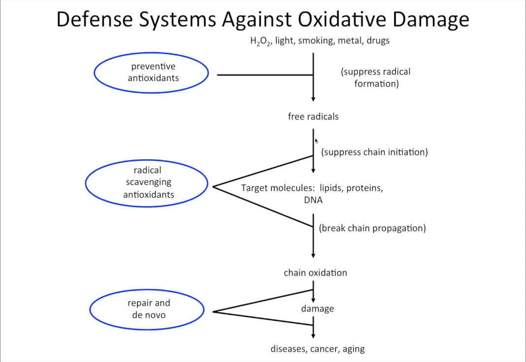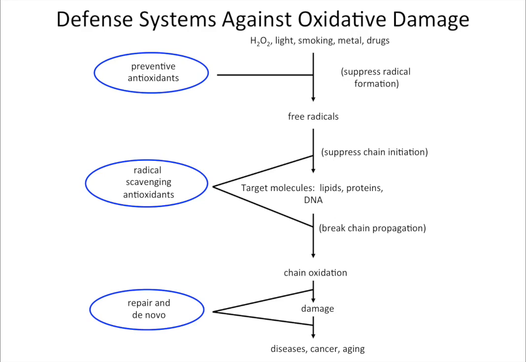next step, and you can have radical scavenging antioxidants, which can essentially suppress what they call chain initiation, because there's a chain of events that occur. One molecule becomes damaged, that molecule damages another one, so you have the formation of a free radical.